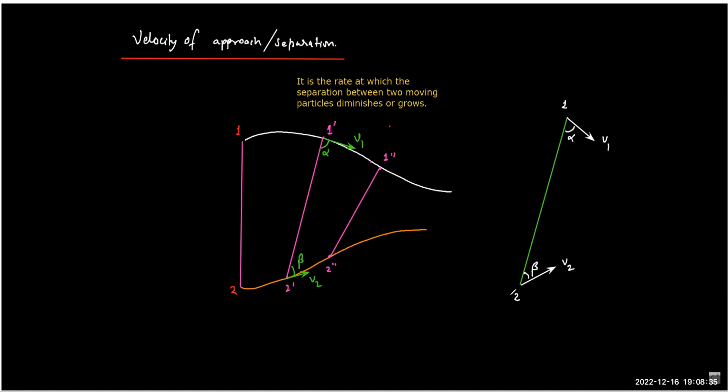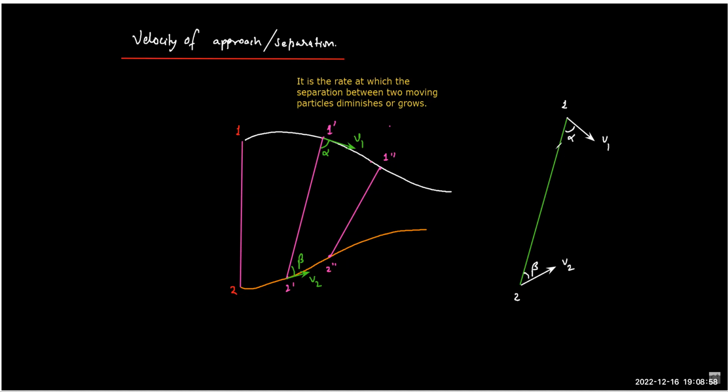So in this particular diagram, the velocity with which they are approaching is V1 cos alpha plus V2 cos beta. Excellent. Are you getting this? What is happening in the approach?